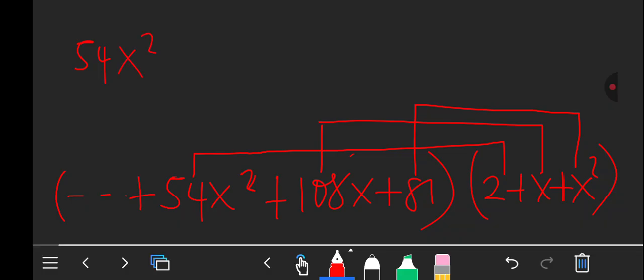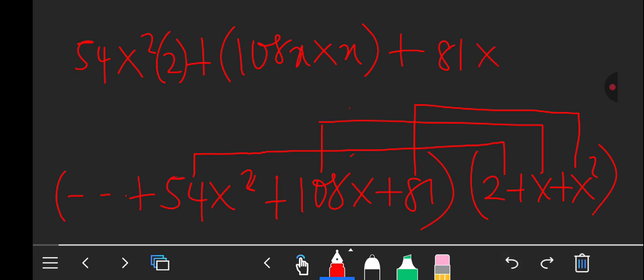So 54x squared multiplied by 2, then plus 108x multiplied by x, then plus 81 multiplied by x squared.